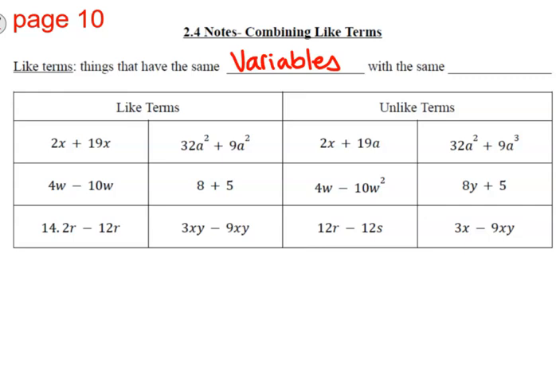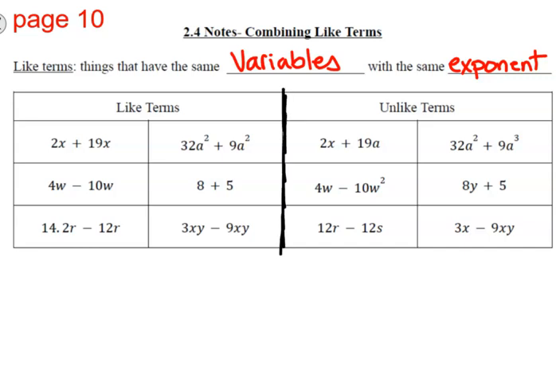It's also important that it is with the same exponent. So if it's an x squared, that is different than a singular x. Or y to the third power is different than a y squared. So if you look at the chart below, on the left-hand side, this is split down the middle.